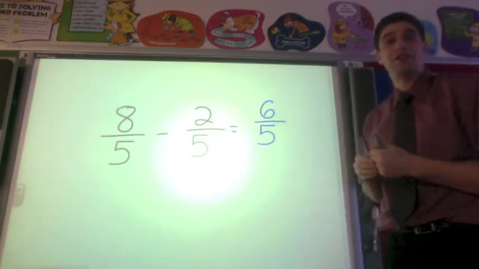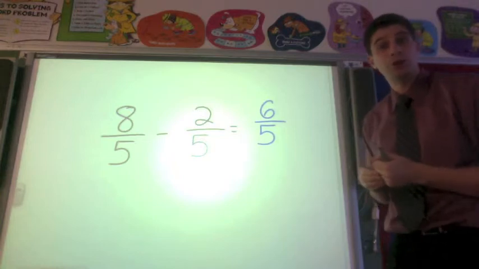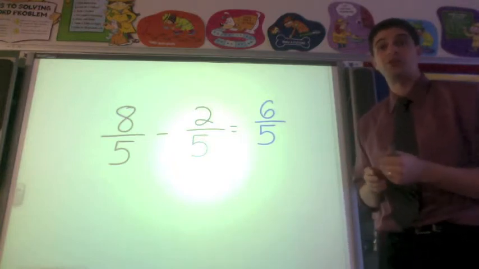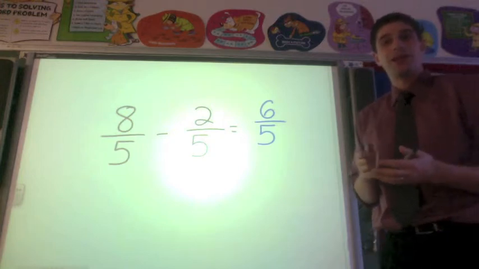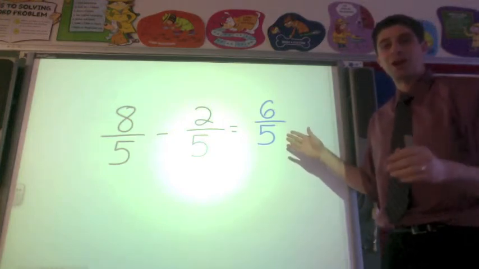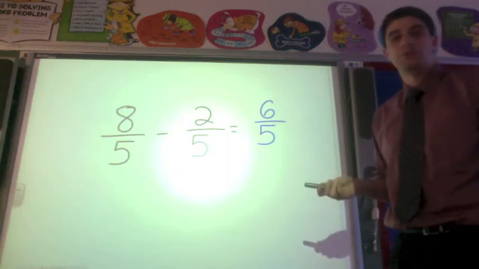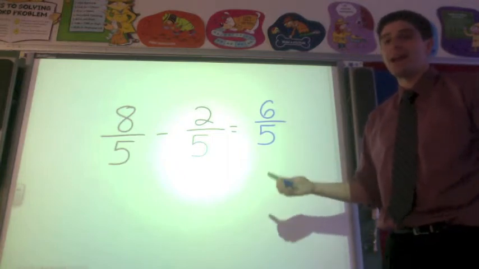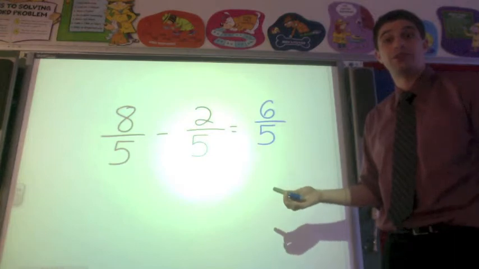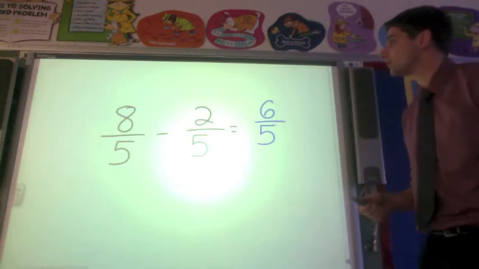So now it's 6/5. Oh, you notice a problem, huh? Well, yes, there is a problem. And that problem is that we have an improper fraction. So, let's refresh our memory on how to put an improper fraction into simplest form.